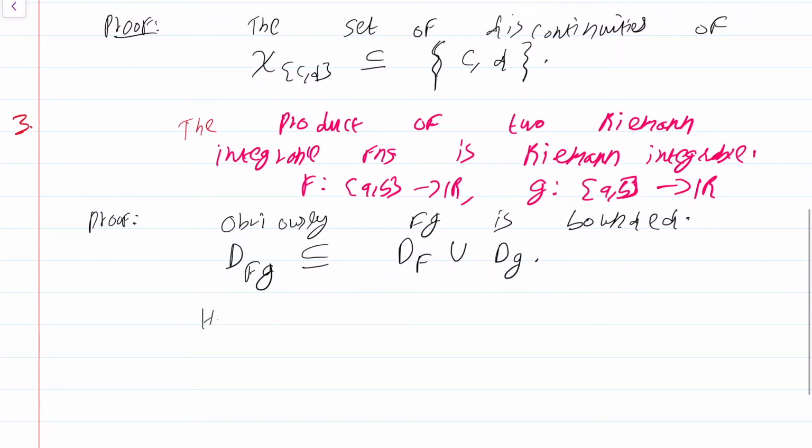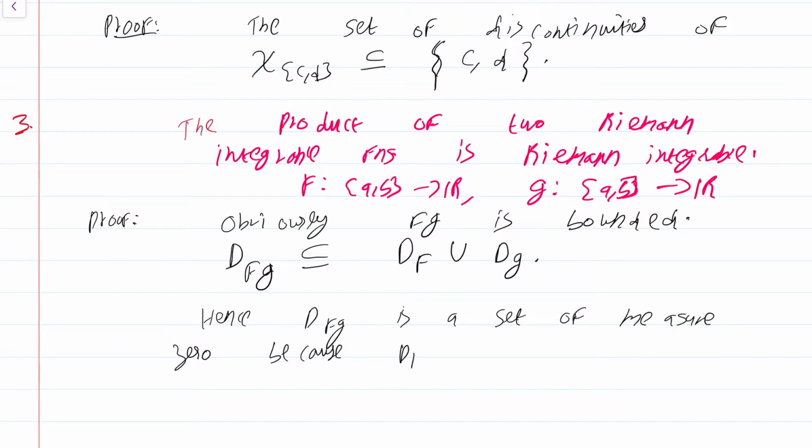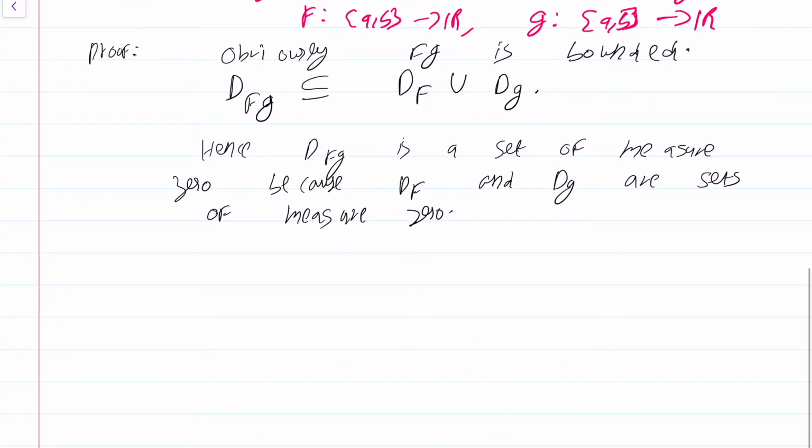Hence, D_fg is a set of measure 0, because D_f and D_g are sets of measure 0. This is a really short proof.